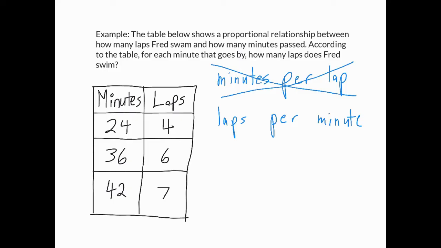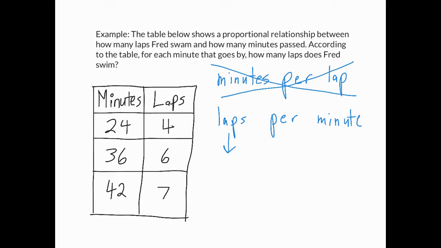And that's very important. Now that we know what unit rate we're looking for, now it's very easy to get the answer. Underneath laps, we'll just write a number of laps from a row. By the way, it does not matter which row we use. We can use this row, we can use this row, or we can use this row.